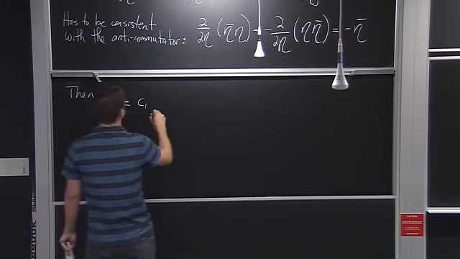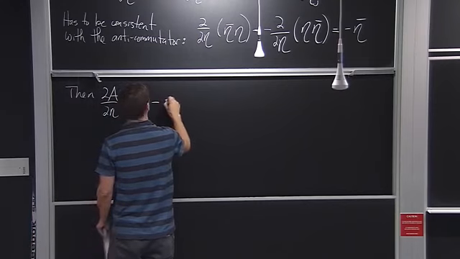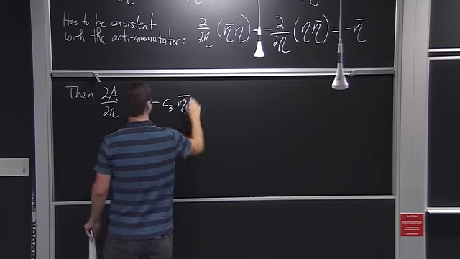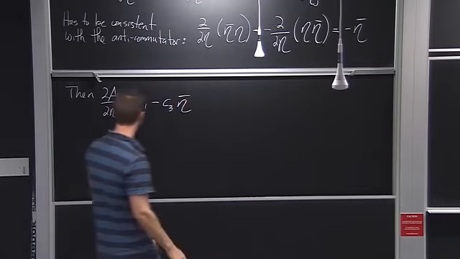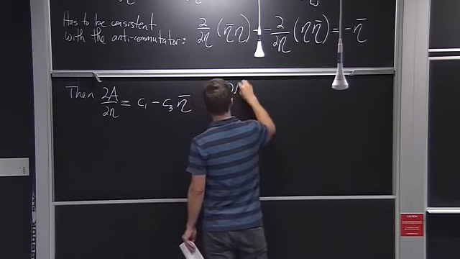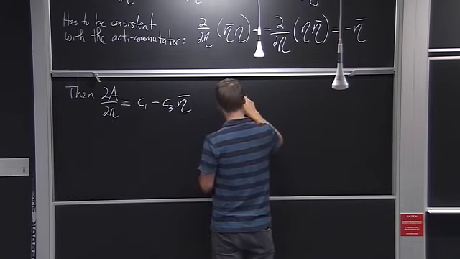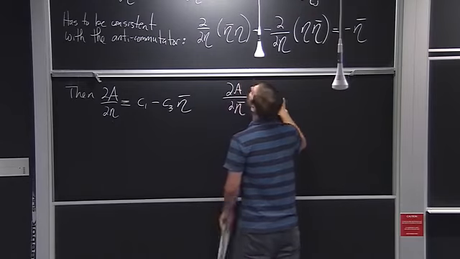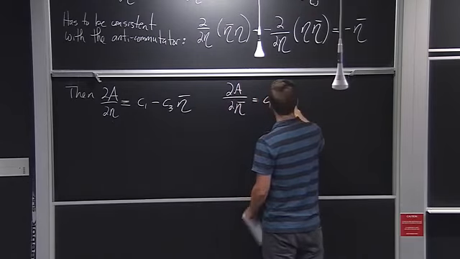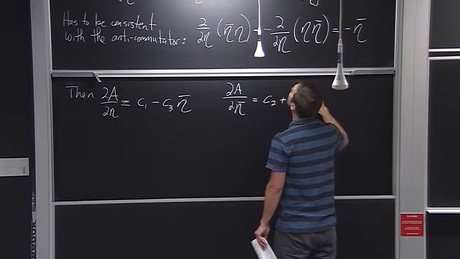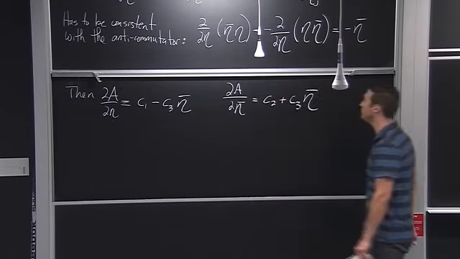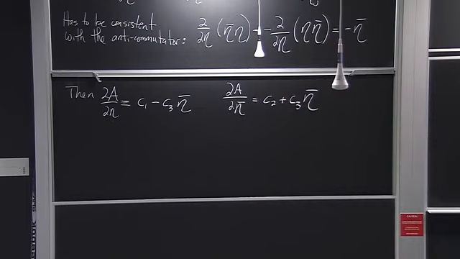And the way I've written it there, I have to commute those variables. So it's minus C3 and the conjugate. Then the derivative with respect to eta bar is just C2, plus C3 eta. Just a difference in minus sign, right?